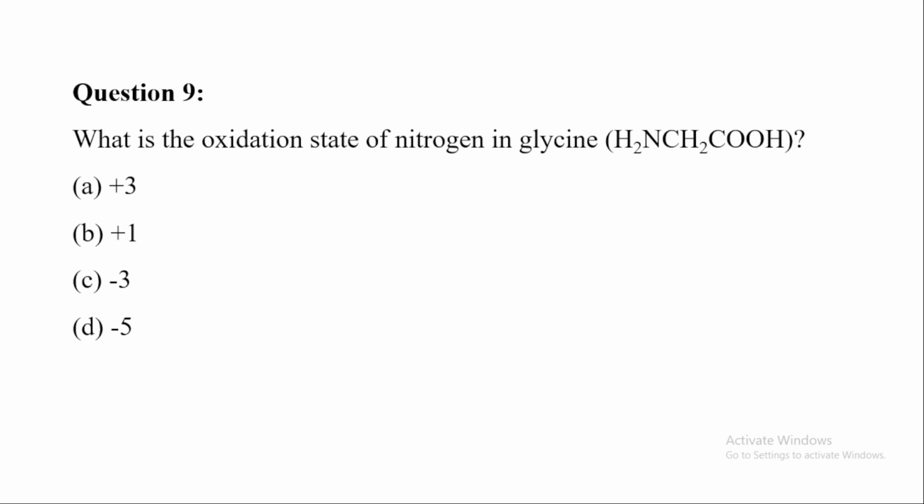So, that means -2 from hydrogen and -1 from carbon. So, the total is -3. So, the oxidation state of nitrogen in glycine is -3.